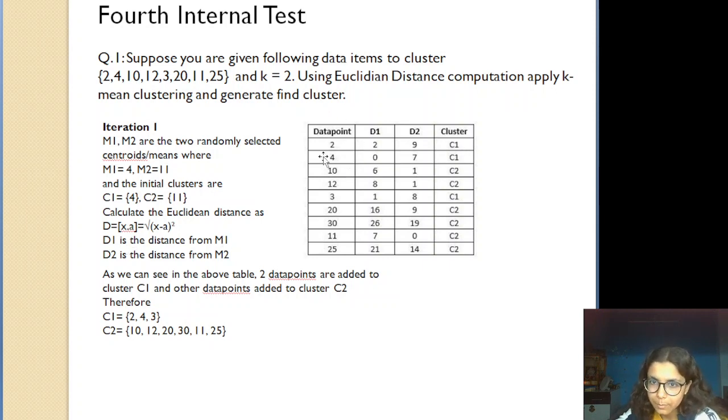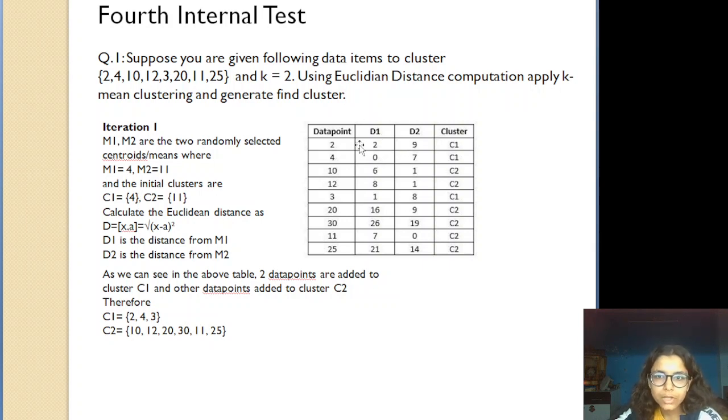We take the first data point, which was 2, and right now our M1 is 4. So D1 is 2, and D2 is from M2, which is 11, so 11 minus 2 is 9. Which one is the least of the two?